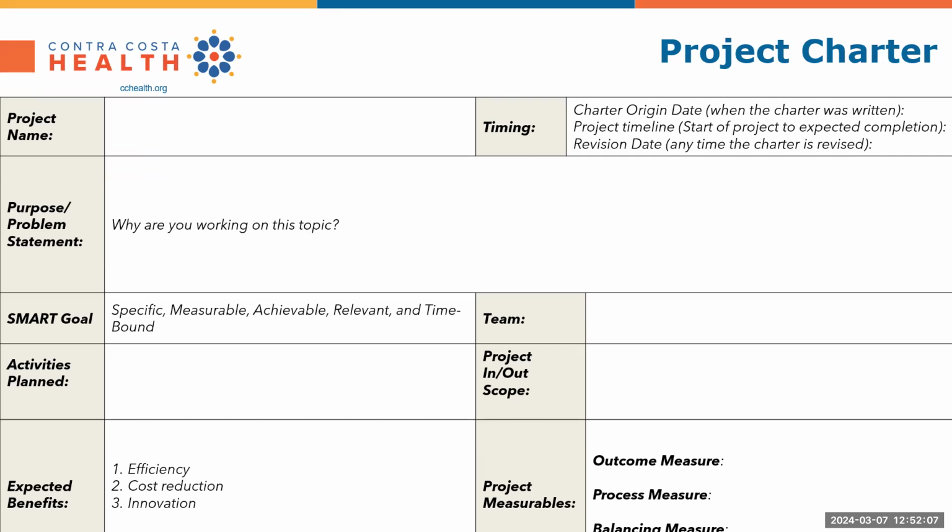So the problem would be how to increase access to behavioral health services for all callers seeking help. Let's say our baseline is an 8% abandonment rate. So our SMART goal would be to decrease the abandonment rate from 8% to 6% by the start of the next calendar year. Okay, perfect.